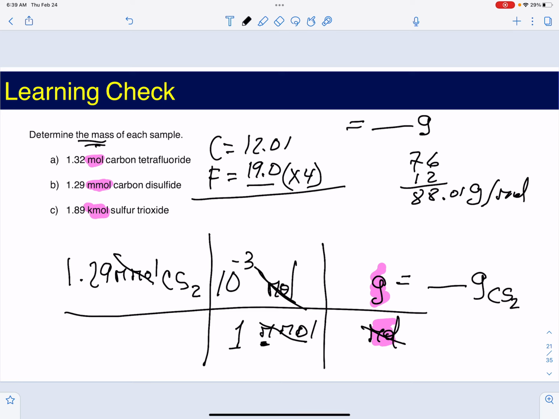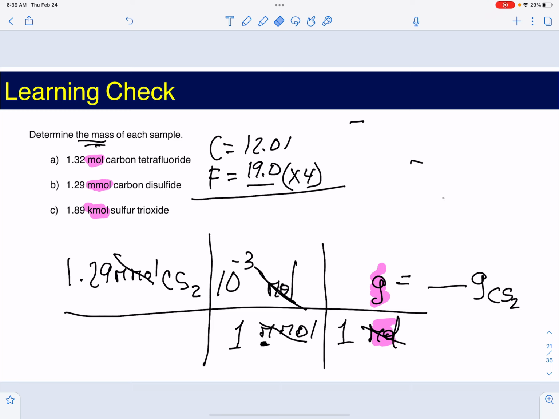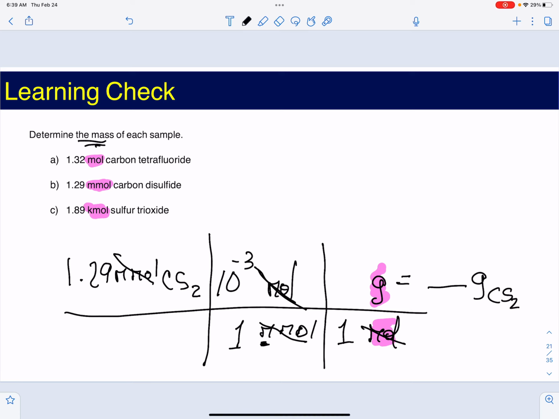Relationship between grams and moles. 1 mole of carbon disulfide is going to be, we have 1 carbon, so we got 12.01 grams per mole for the carbon, and the sulfur is 32, but it's going to be times 2.